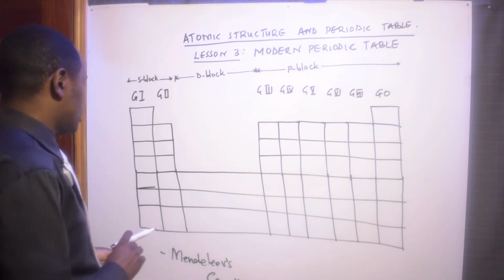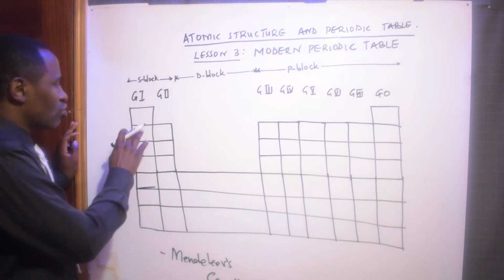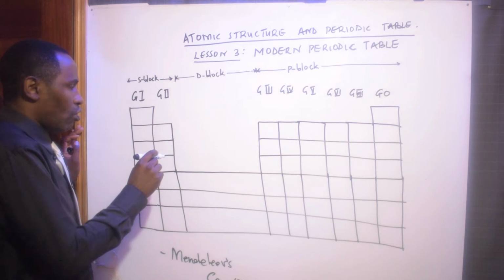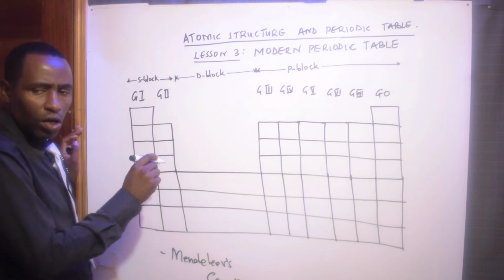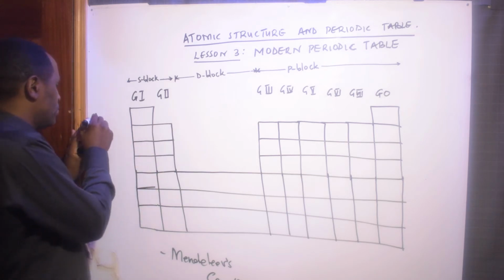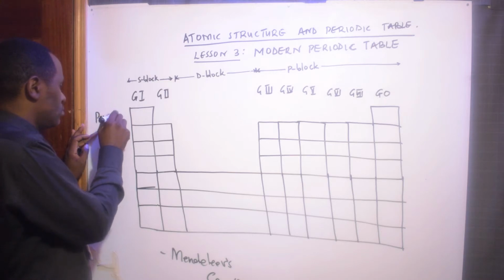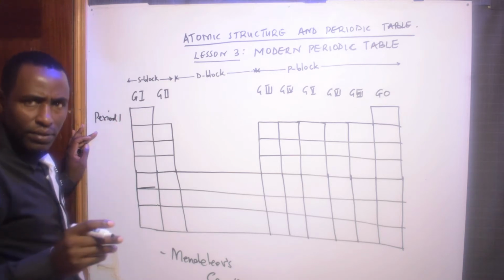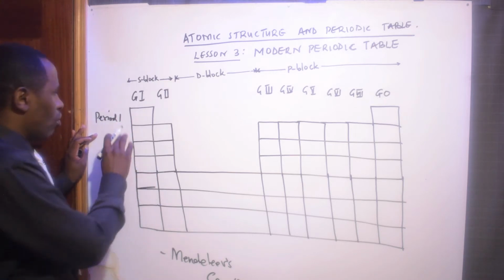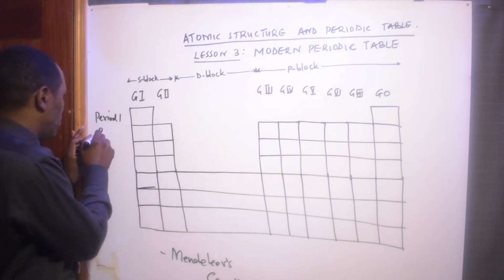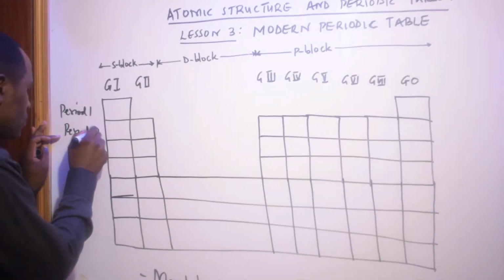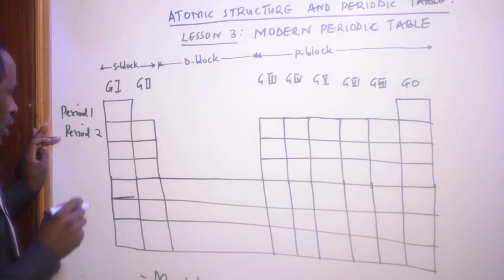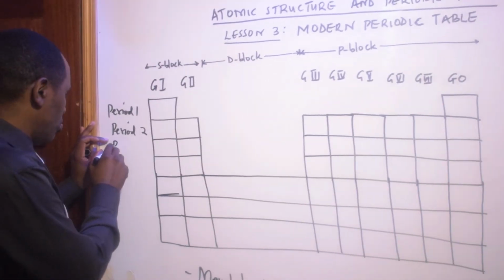The first row will be called period 1. The second row will be period 2. The third one, of course, will be period 3.